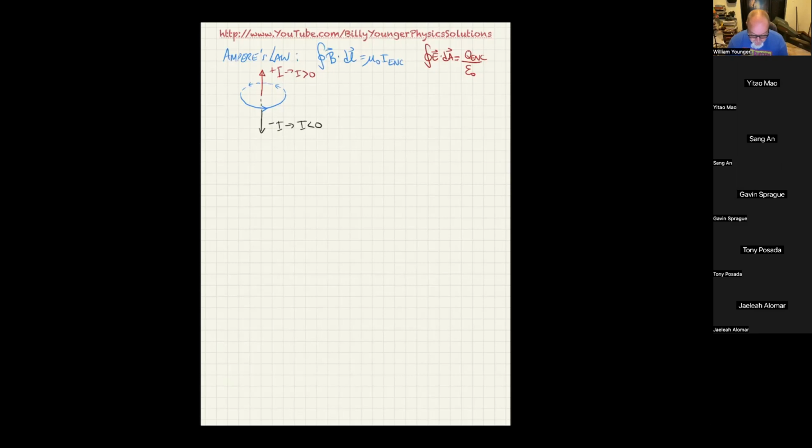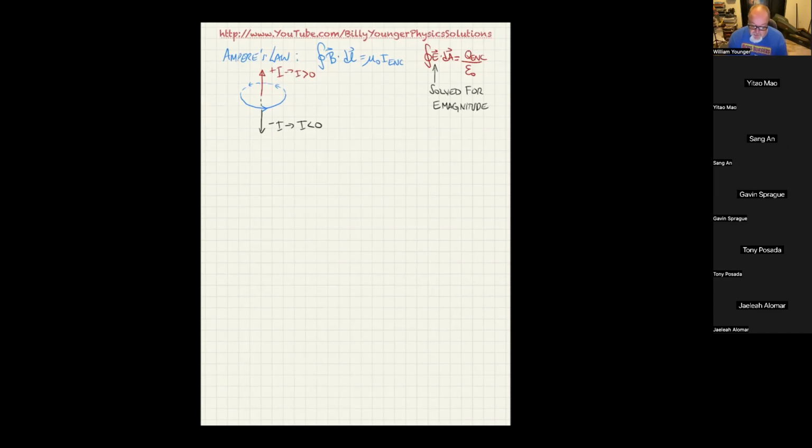So if you look at this, we're going to do sort of the same thing that we did again with Ampere's law. Remember, with Gauss's law, we solved for the integrand. And specifically, we really solved for the magnitude. So I'm going to write this down.